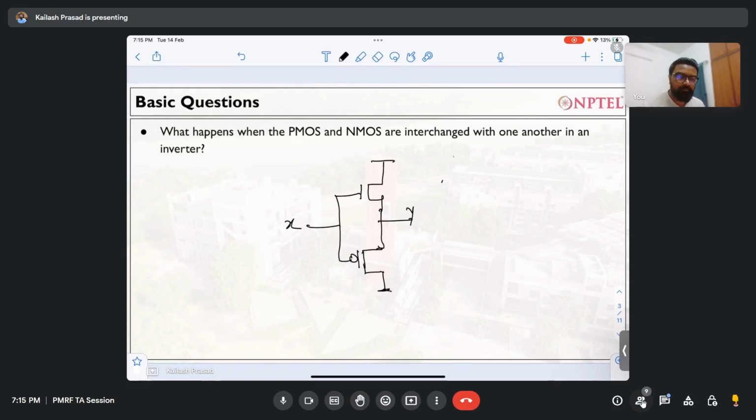So the effective output voltage range is between 0.3 volt and 4.7 volt. But it should basically be 0 to 5, whereas we are getting 0.3 volt to 4.7 volt. That's why you can say this is a bad buffer. This is my logic.